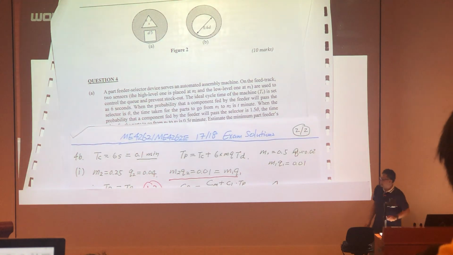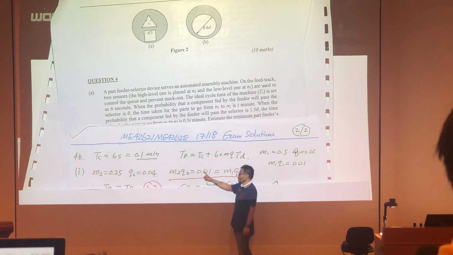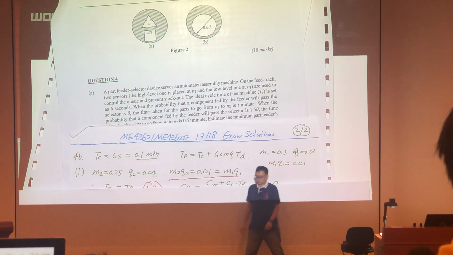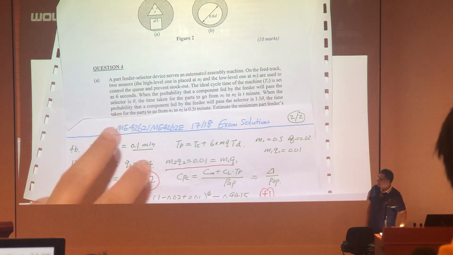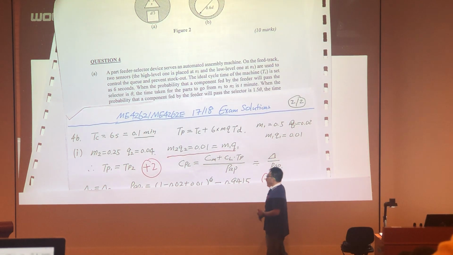At the very beginning you find that M1 Q1 is 0.01. You find that M2 Q2 is also 0.01. So these two are the same, and that's why we have TP1 equals TP2.